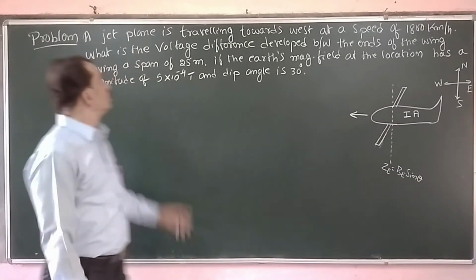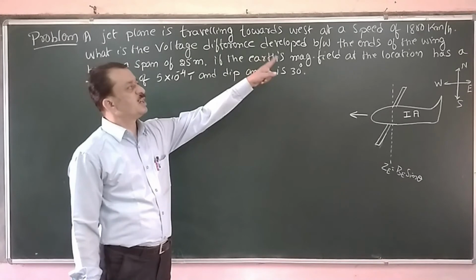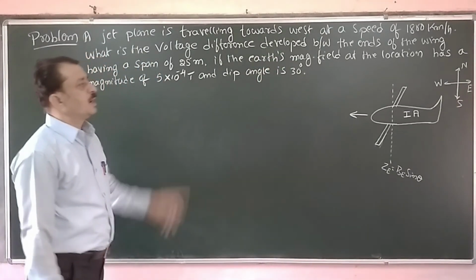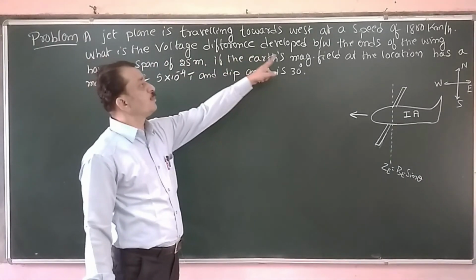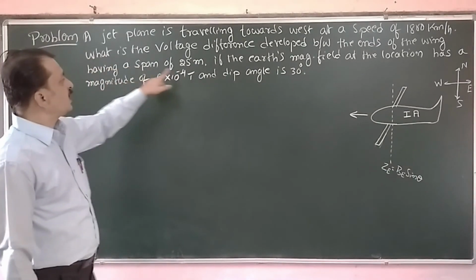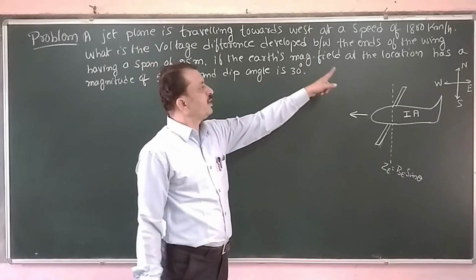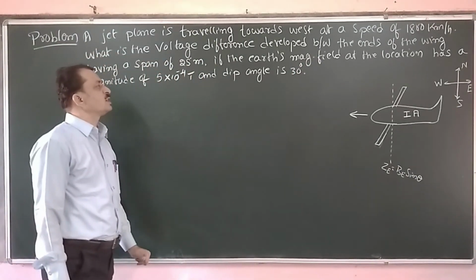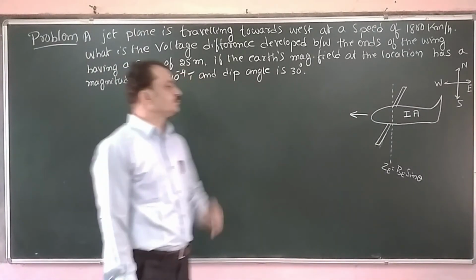Next problem. A jet plane is traveling towards west at a speed of 1800 km per hour. What is the voltage difference developed between the ends of the wings having a span of 25 meters if the Earth's magnetic field at the location has a magnitude of 5 into 10 to the power minus 4 Tesla and a dip angle is 30 degrees.